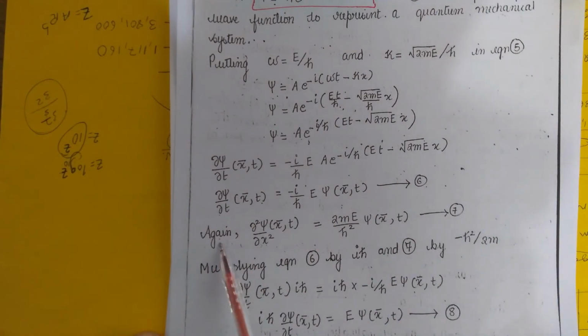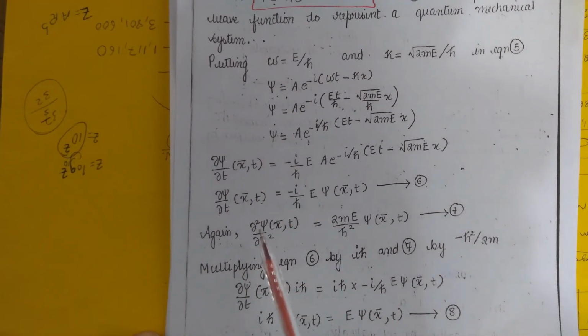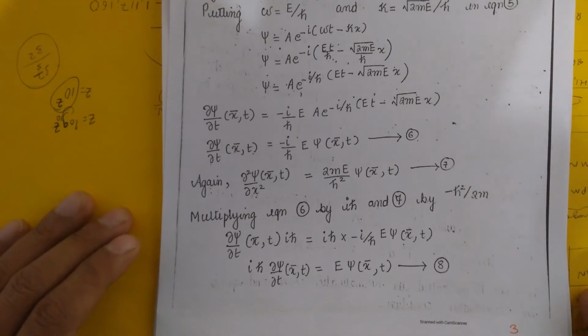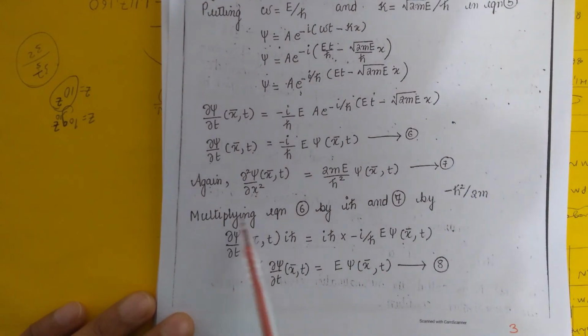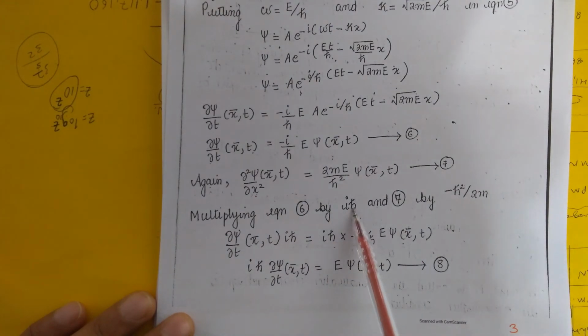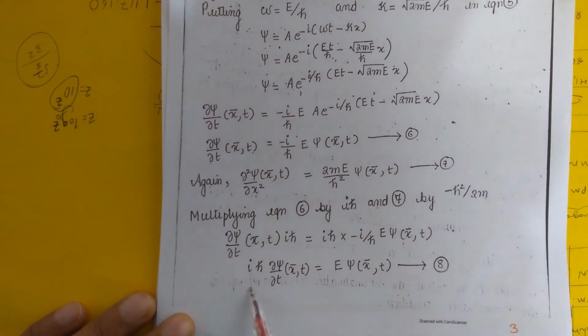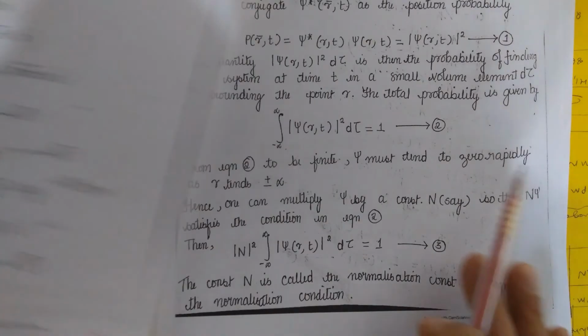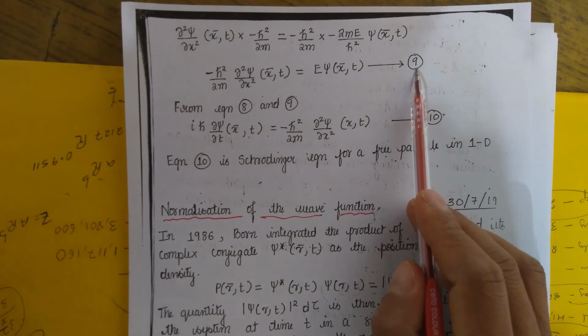Again, we are going to differentiate this function partially, second order, with respect to x. If we do that, we are going to get this equation 7. So we have two equations, equation 6 and equation 7. If we multiply equation 6 by i h bar and equation 7 by minus h bar squared over 2m, we will get equation 8 from equation 6, and equation 9 from equation 7.